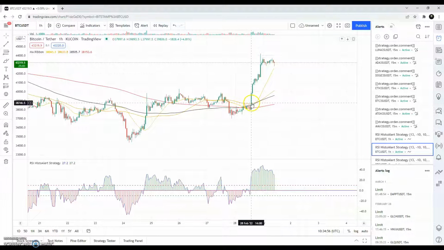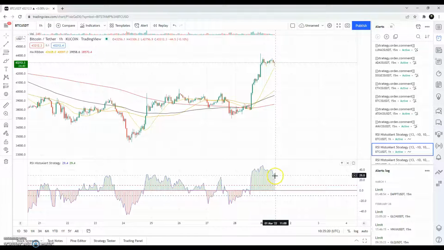Second, we look at the chart where the MA ribbon is above the black line. So, we enter in a buy right here. Boom, we climbed all the way up here, 10, 15%, and we would actually still be in this trade right now.